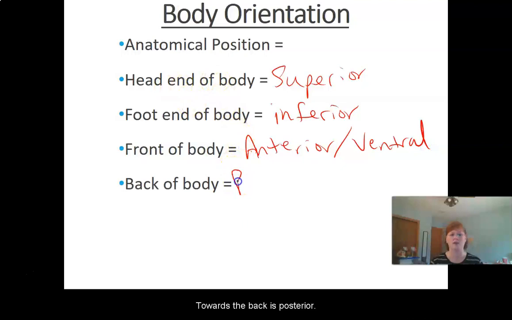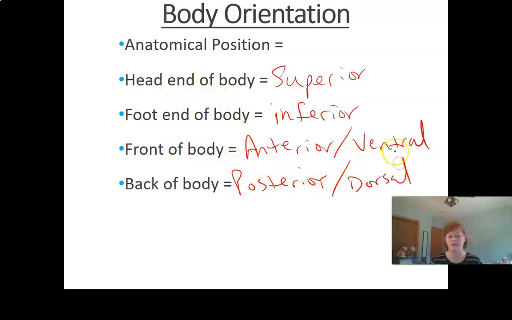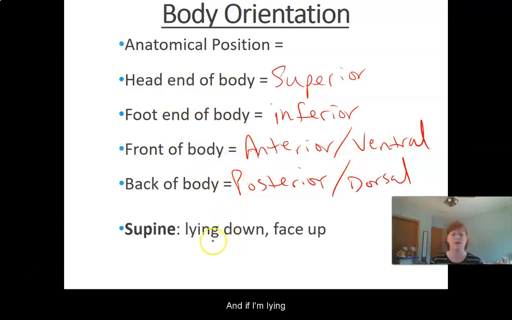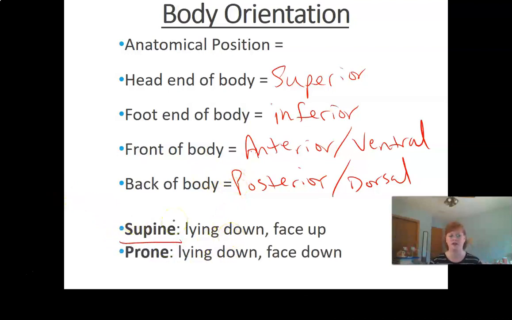Towards the back is posterior or dorsal. And if I'm lying face up, which is how you typically think of a patient laying on the bed face up, then we say that they are supine. If they're lying face down, then they are prone.